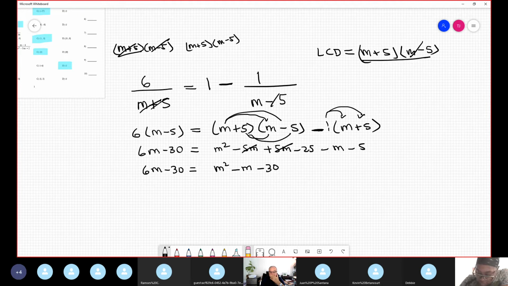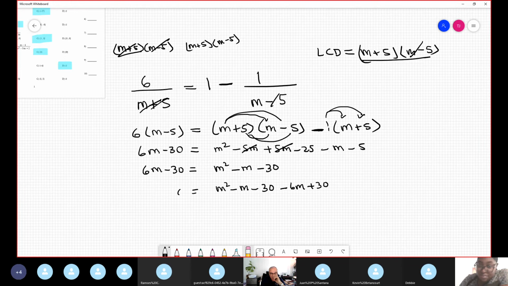Look, but suppose you don't know. Okay, no problem. I move everything. In this case, I recommend to the right-hand side: m squared minus m minus 30 minus 6m plus 30.